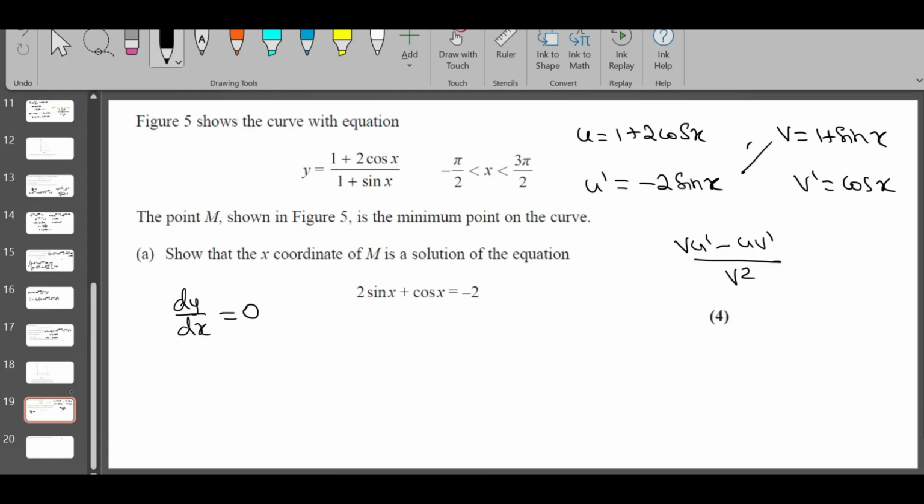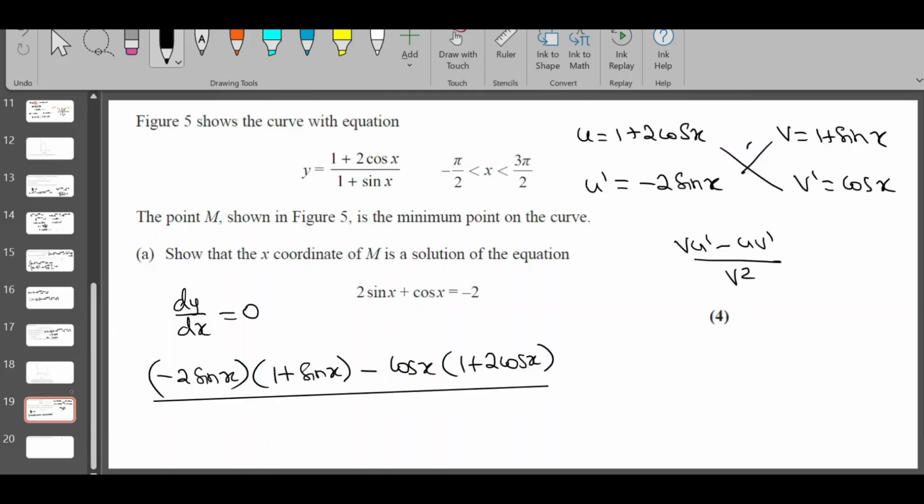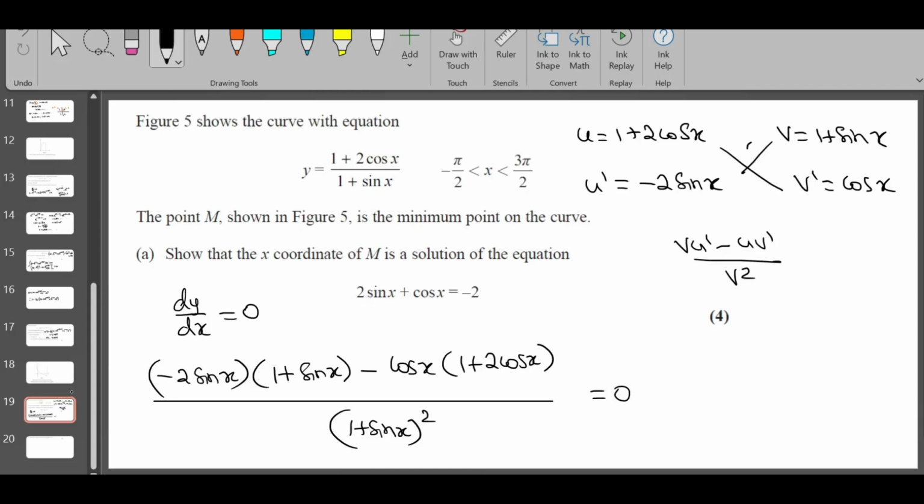So v u dash, which is minus 2 sin x times 1 plus sin x, minus u v dash, cos x times 1 plus 2 cos x, everything divided by v squared, is equal to 0.